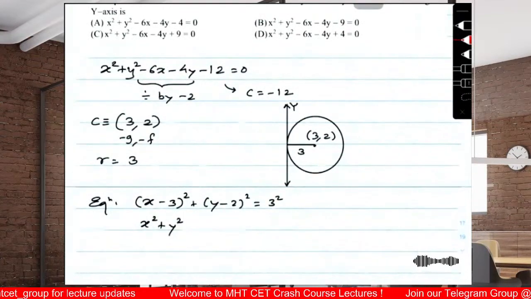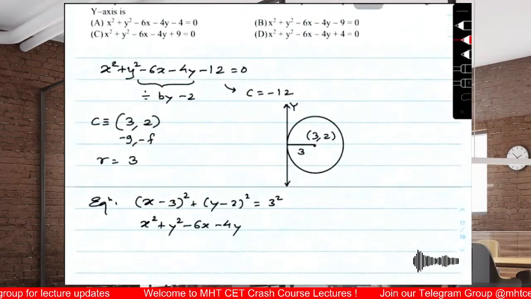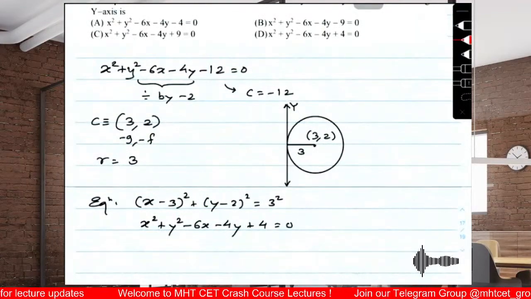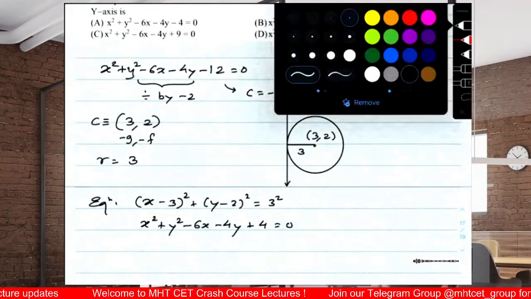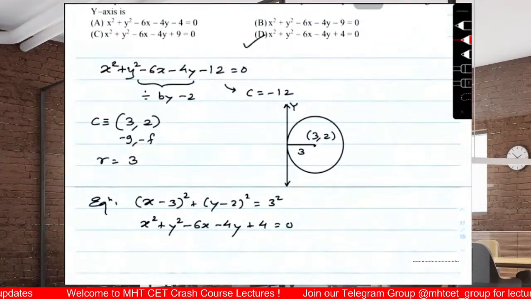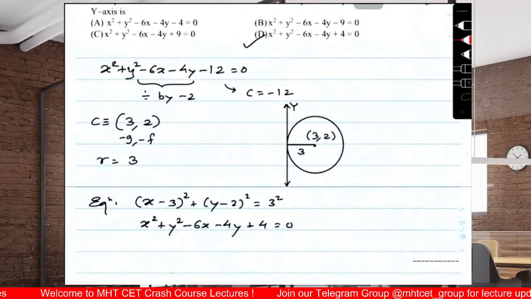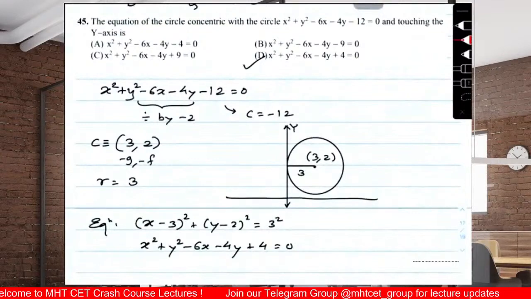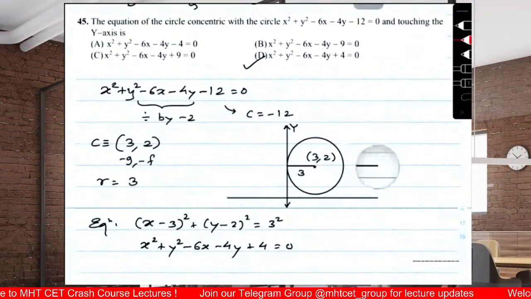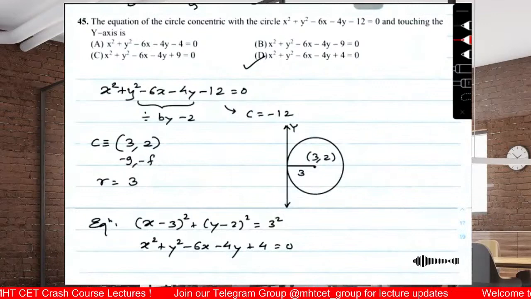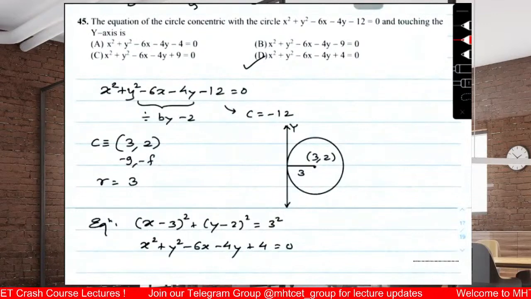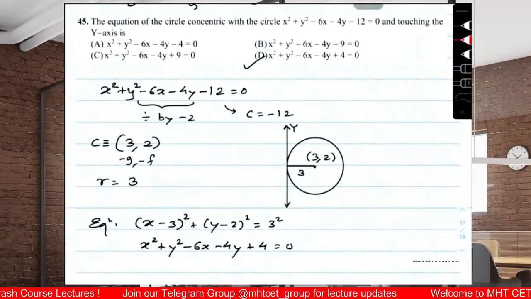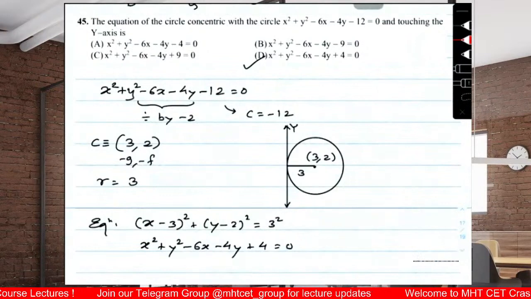X square plus y square minus 6x minus 4y plus 4 equal to 0, that is D. एक्स एक्सिस ड्रॉ करने की जरूरत नहीं है, ठीक है. Even this C is not required.